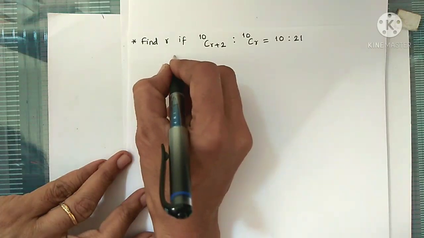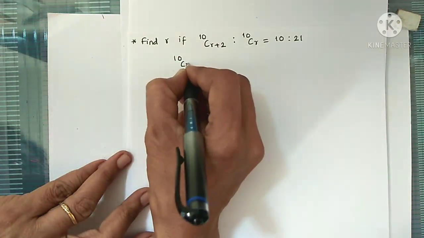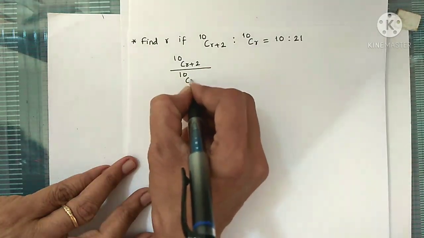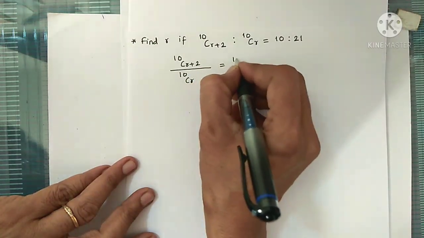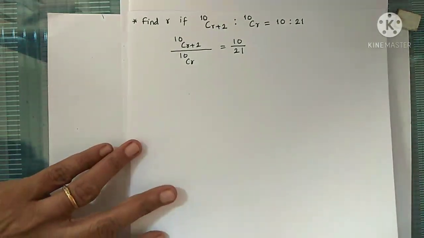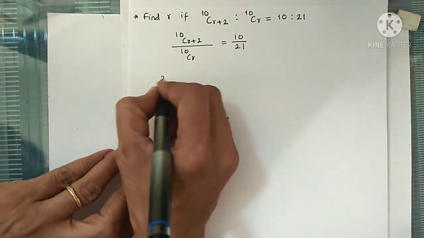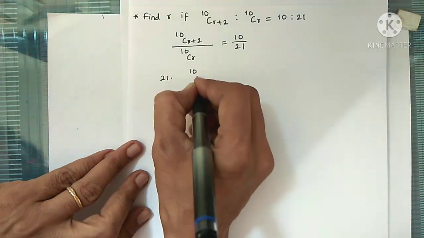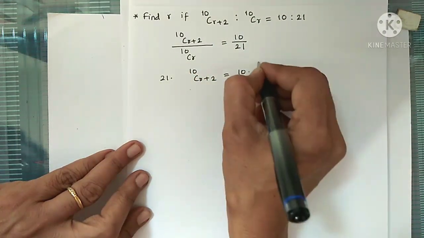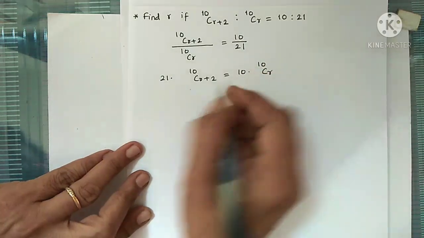So given 10C(r+2) divided by 10Cr equal to 10 divided by 21. So cross multiplying the terms, we have 21 multiplied by 10C(r+2) equal to 10 multiplied by 10Cr.